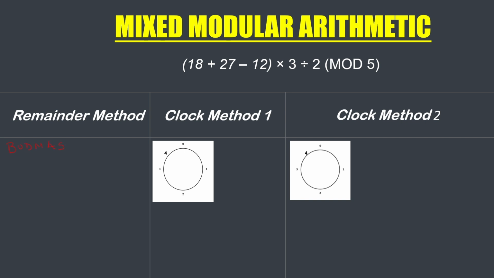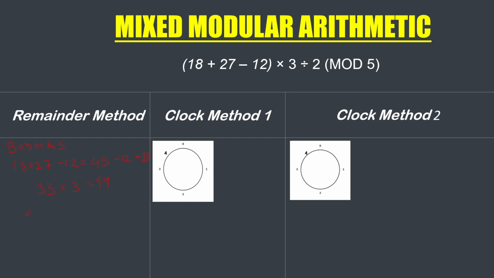So we open our bracket, which will be 18 plus 27 minus 12. Firstly, 18 plus 27 is equal to 45. 45 minus the 12 will give us 33. And then 33 times this 3 here will give us 99.